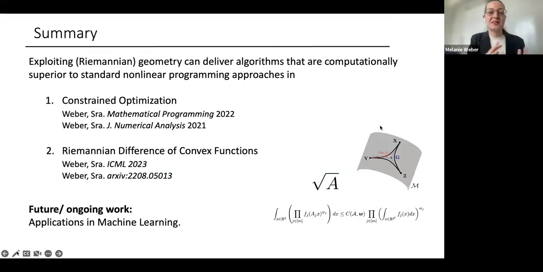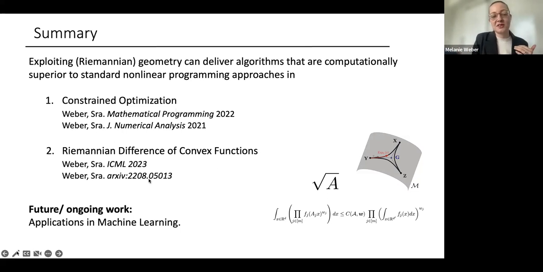Okay, and that brings me to the end of my talk. We looked at a couple of different problems and different algorithms where exploiting Riemannian geometry, specifically geodesic convexity, can give us an advantage over standard nonlinear programming approaches. We first talked about algorithms in the constrained setting, where we optimize a function defined on a Riemannian manifold subject to convex constraints. Here are some references if you want to learn more.